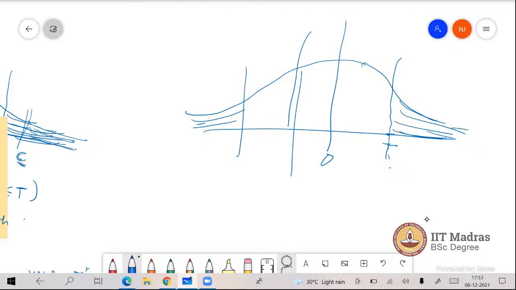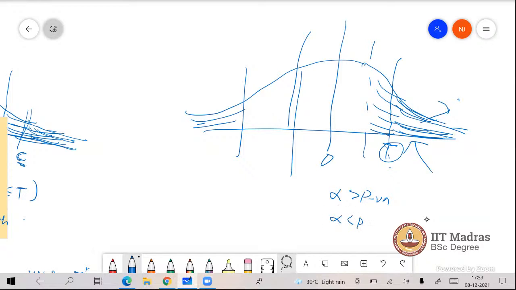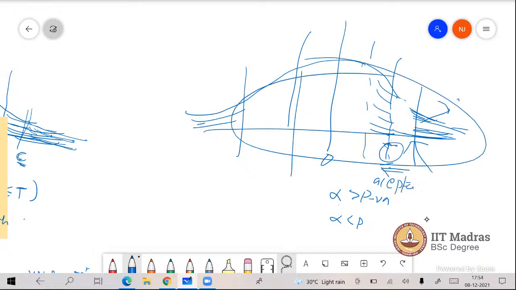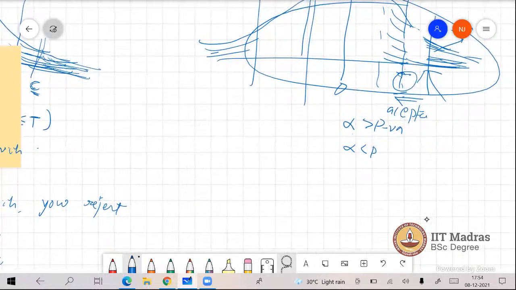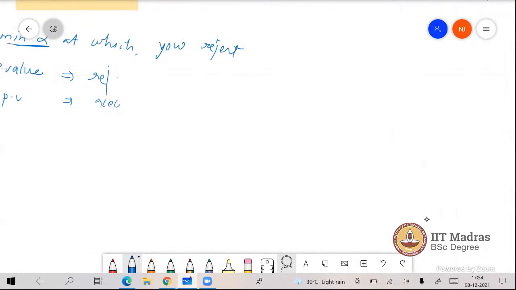If I take alpha greater than p value, I take a bigger area, so t has come into the rejection region now, right? If I choose alpha less than p value, you are choosing a lesser area, so now your t value has come into the acceptance region. You can always remember this picture in your head, so it will be easy and there will be no confusion.